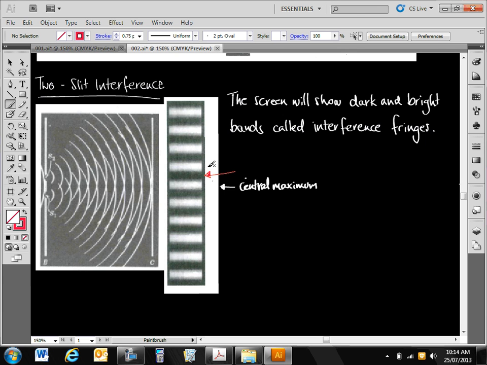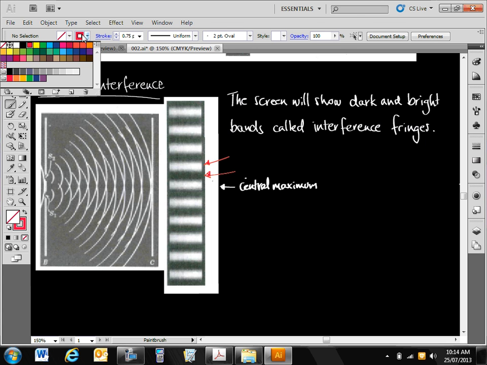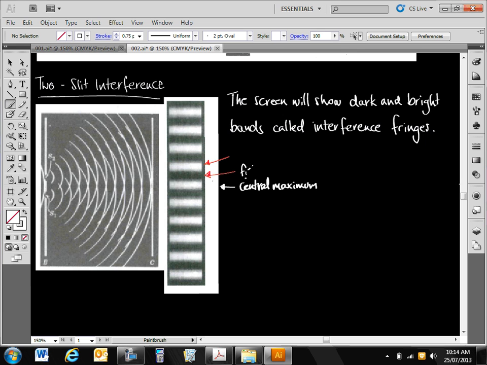I'll label these: first minimum, and this is the first order maximum.